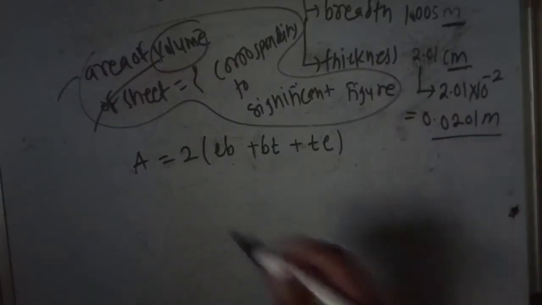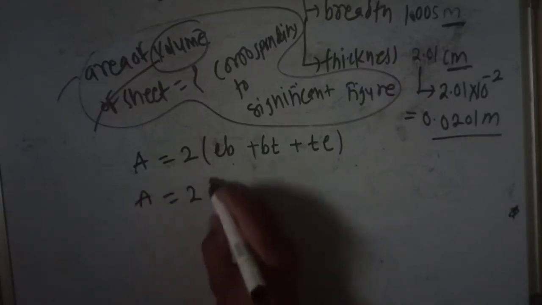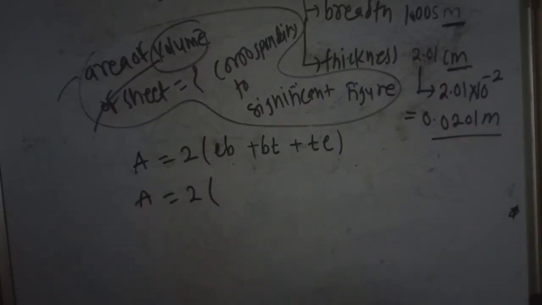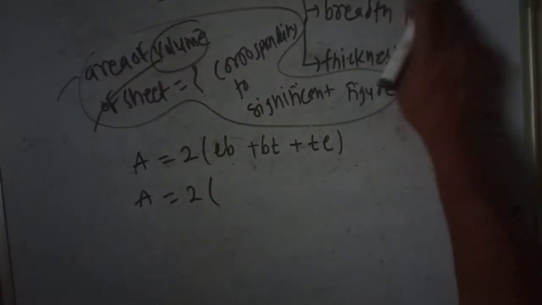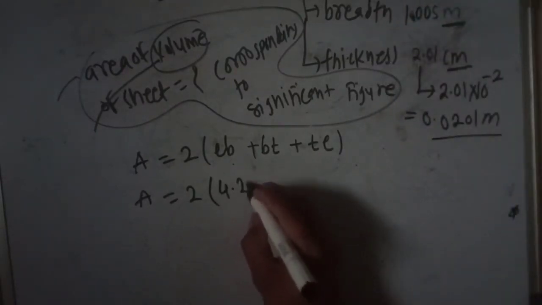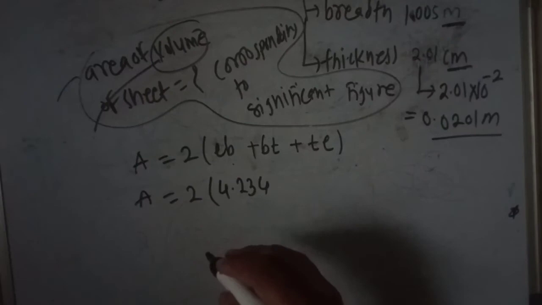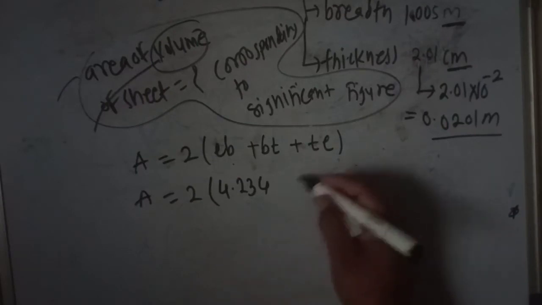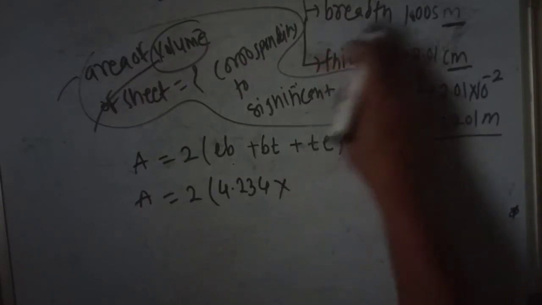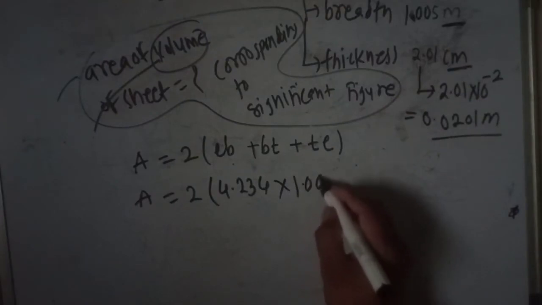By putting values, A is equal to 2 into the value of length, that is 4.234, multiplied by breadth 1.005.